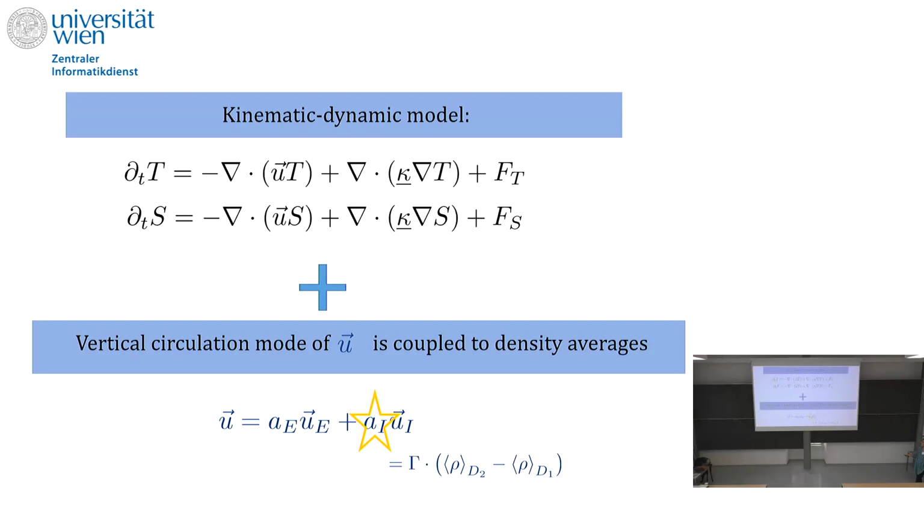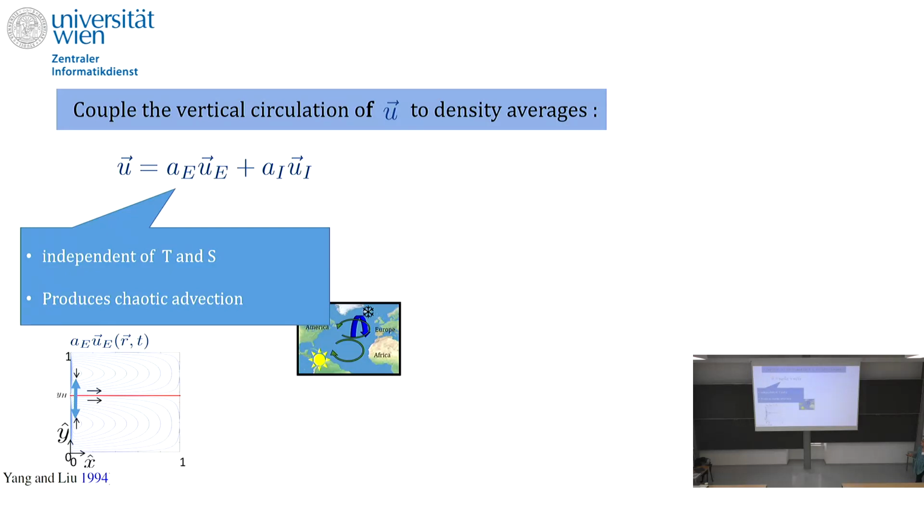So it will be proportional to the difference of the average of the density in one box minus the other box. Again, this is in pictures what I just said. We have one component of the velocity which is independent of the temperature and salinity and, for example, could produce chaotic advection. You can think about the standard model of the Atlantic Ocean of the two gyres, right?